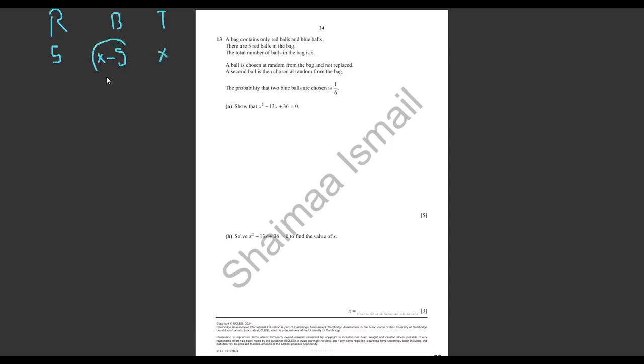So if you choose two blue, the first one would be x minus 5 over x, multiplying by x minus 6, because he said not replaced, over the total minus 1 also. All this will be 1 out of 6.